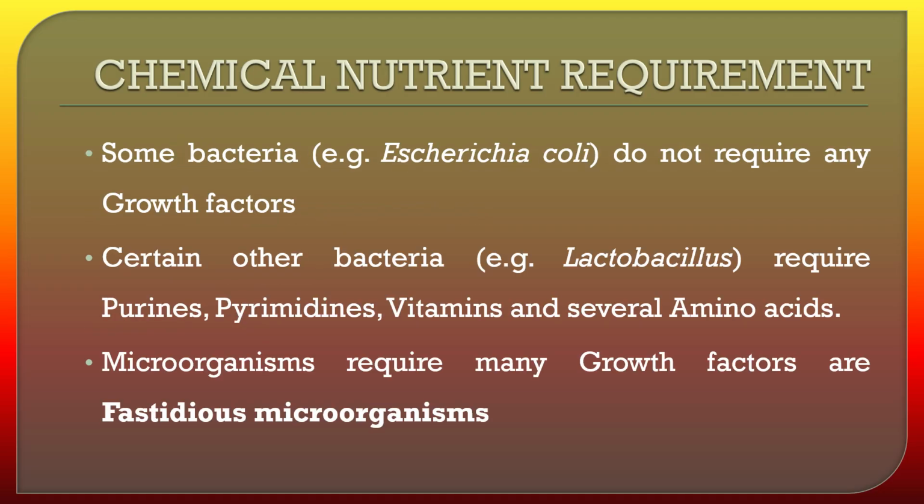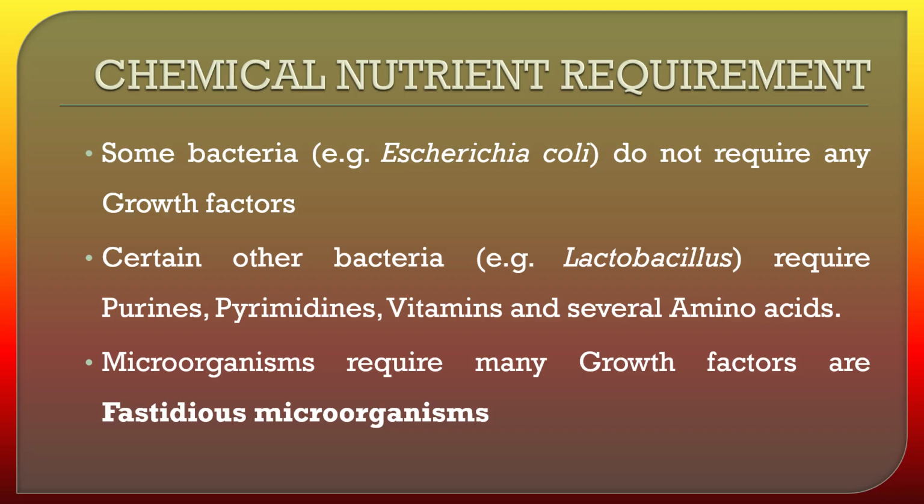Some bacteria, for example Escherichia coli, do not require any growth factor. They can synthesize all essential purines, pyrimidines, amino acids, and vitamins, starting with their carbon source, as a part of their own intermediary metabolism.